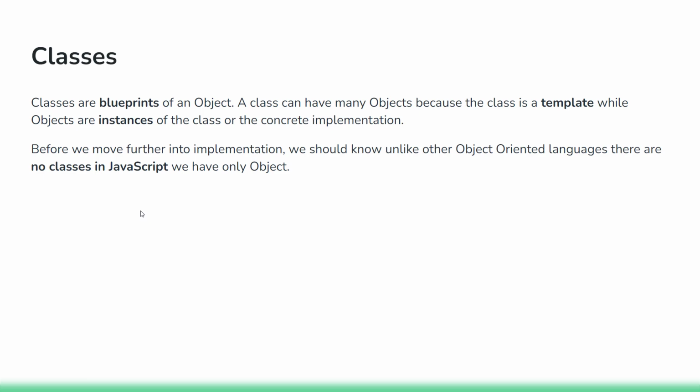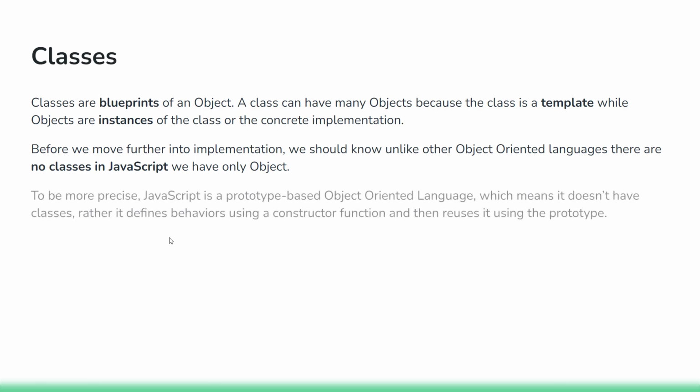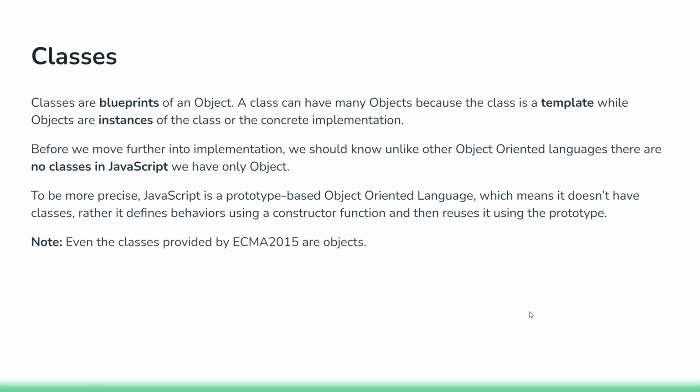Without classes, we made the constructor, and inside the constructor we used the prototype like this one. To be more precise, JavaScript is a prototype-based object-oriented language, which means it doesn't have classes. Rather, it defines behavior using a constructor function and then reuses it using the prototype. We know all about that.